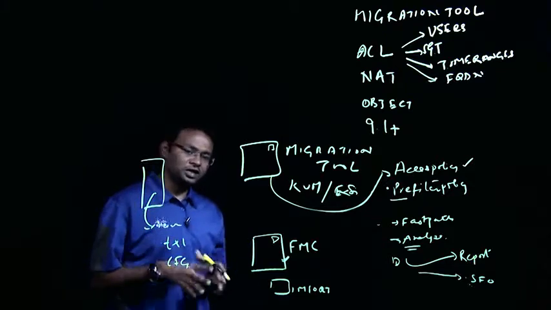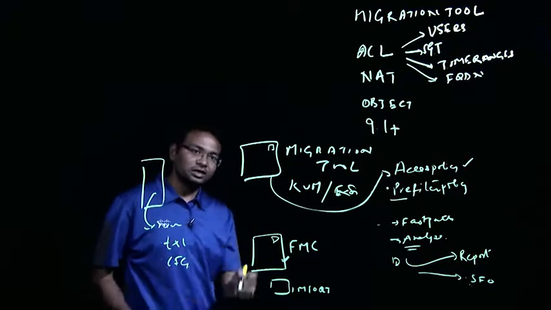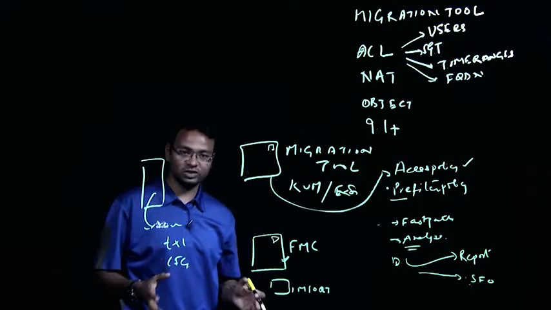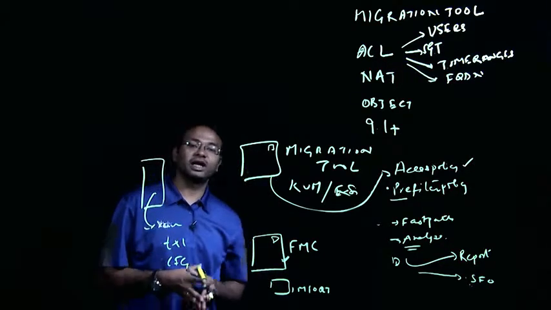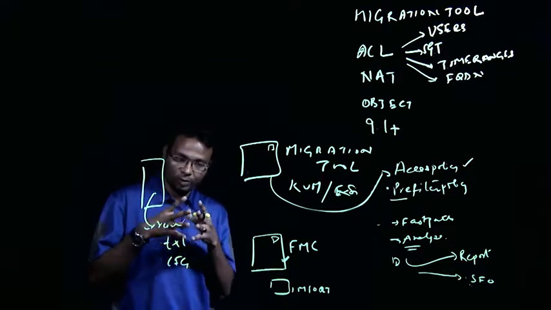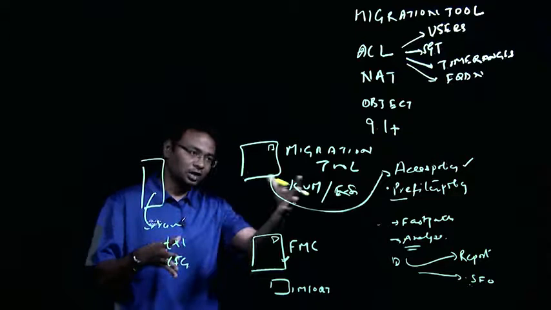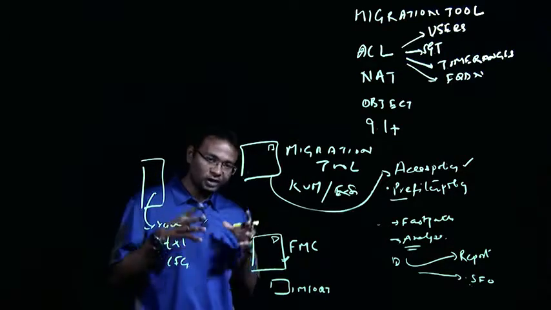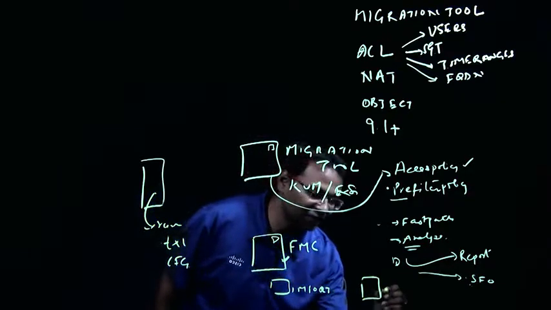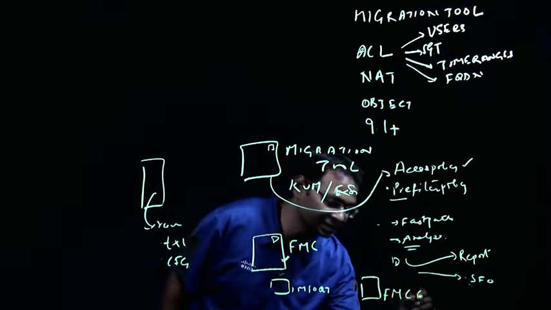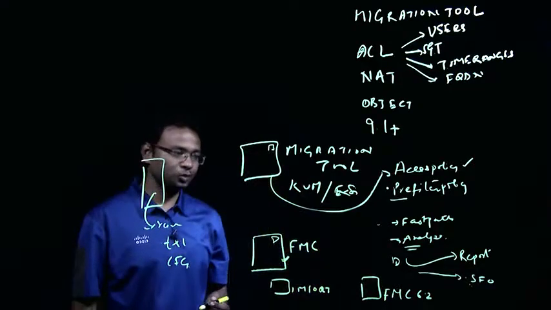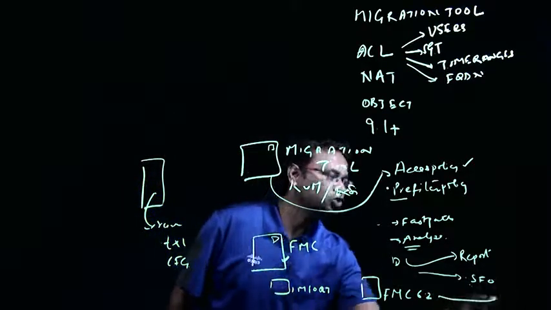The other important thing to note here is that this particular migration tool is nothing but an FMC. So you don't have to run any new technology or any new technique to migrate ASA configurations to Firepower Threat Defense. What you have to do is download an FMC, let's say FMC 6.2, which is the latest, install it on an ESXi server, and log into the console.